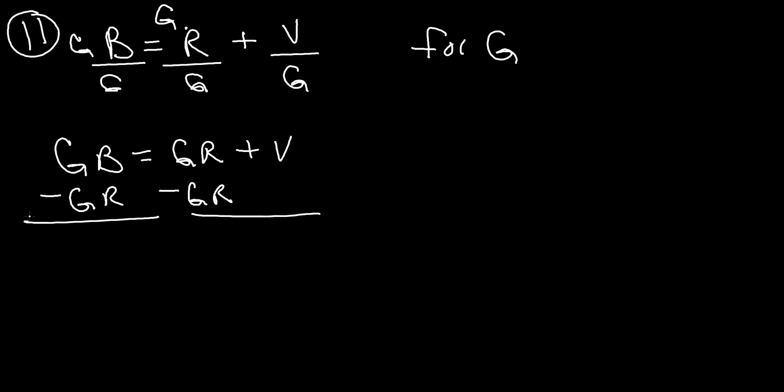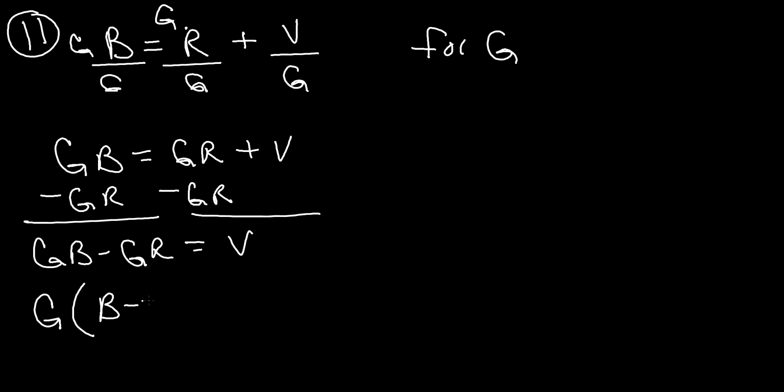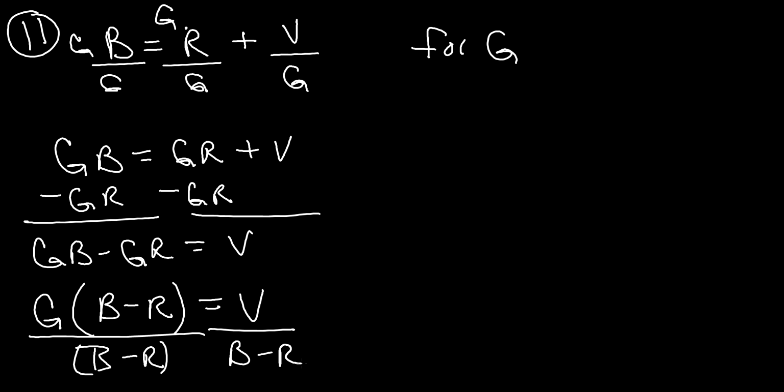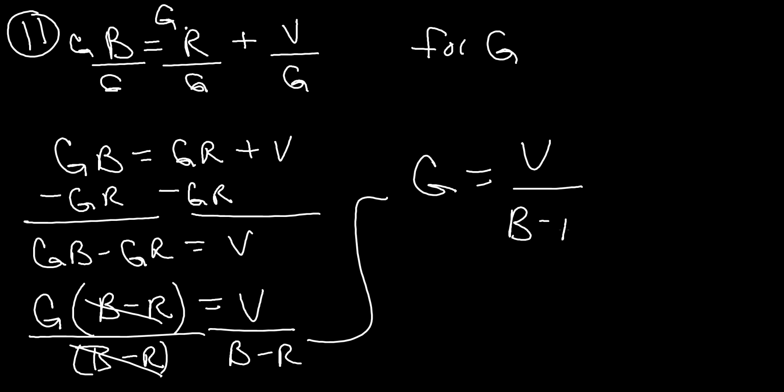These are unlike terms here, so GB minus GR equals V. The key part in this problem is remembering to factor out the G. If I take out the G, I've got B minus R left over, which equals V. And now to get G by itself, I'm going to divide both sides by B minus R. So G equals V over B minus R. And that's number 11.